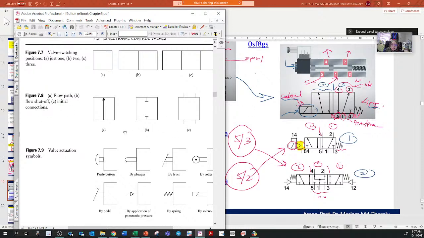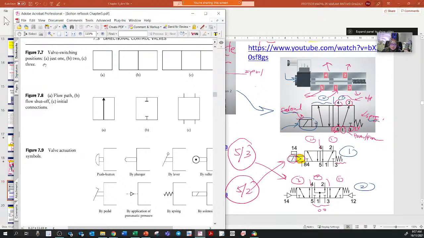The arrow connection shows that there's a flow path, and you know that there are actually two states over here. For the other path, you see there's also an arrow, and if it's blocked like this, that means there is no connection, it is shut off, because when you have a 5 port, one of the ports will be closed.